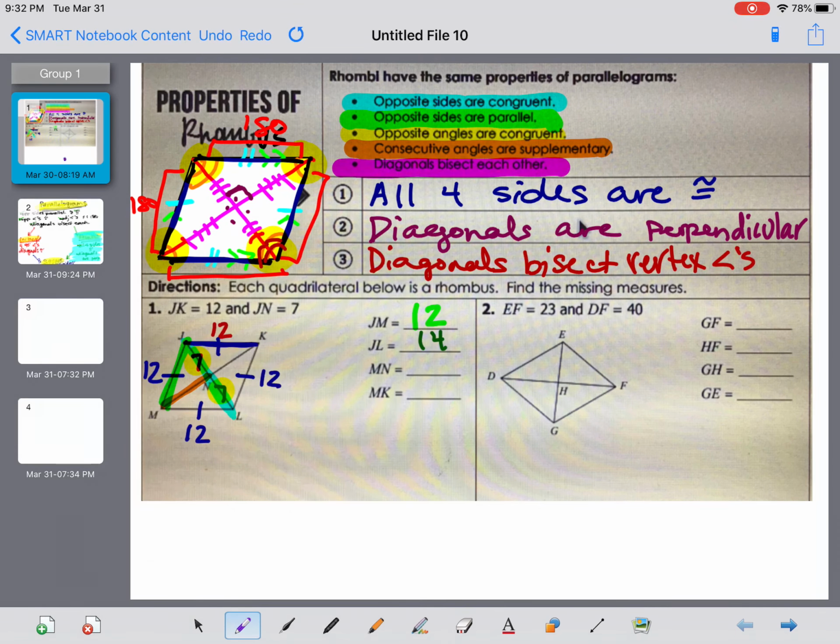MN is this piece right here, but we don't have that piece. But we do know that these diagonals right here make a right angle, which means that that is a right triangle, where N is right here, J is right here, and M is right here. And I know that JN is 7. I know that JM is 12. And I'm looking for MN.